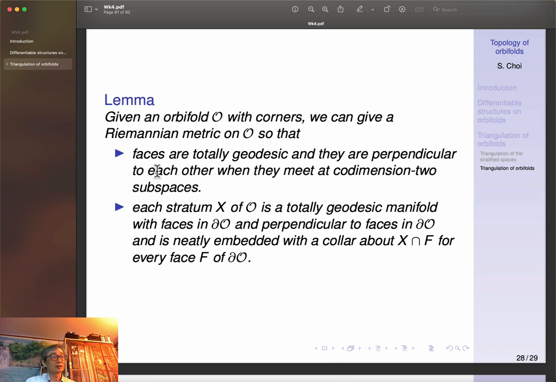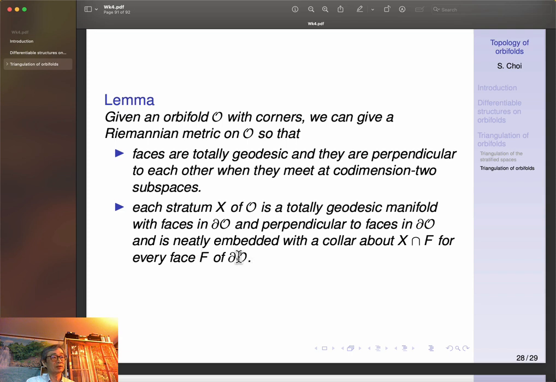So the lemma is that given an orbifold with corners, we can give O a Riemannian metric so that the faces are totally geodesic and they are perpendicular to each other when they meet at codimension 2 subspaces. And each stratum of X_O is a totally geodesic manifold, perpendicular to faces in ∂O, and is neatly embedded with collar about X intersect F for each face F of ∂O.